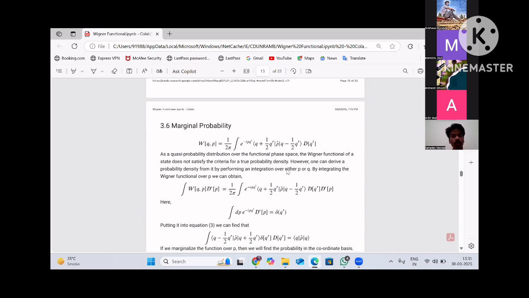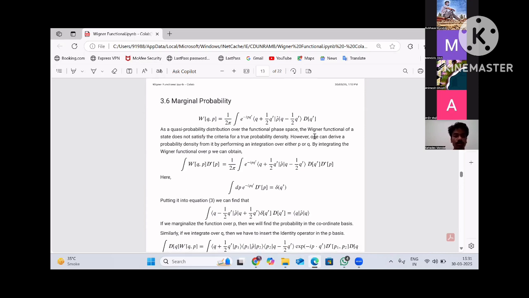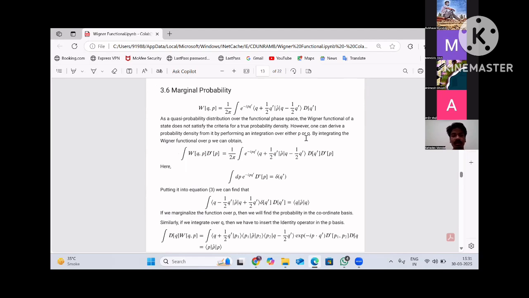What is W(Q,P)? W depends on the quadratures Q and P, and these are functionals. As a quasi probability distribution over the phase space, the Wigner function of a state doesn't satisfy a true probability density, because there can be negative values. The probability can be negative.